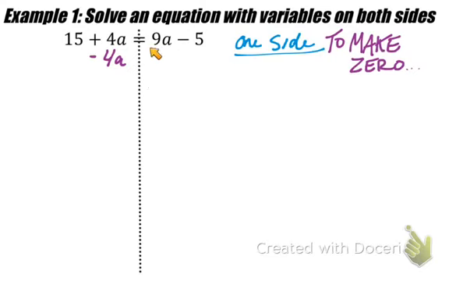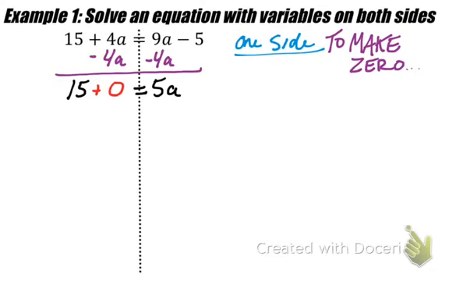And I'm going to line it up with the like term, the term with the a in it. So I'm going to simplify. I have 15 plus 0 equals, and then 9a minus 4a gives us 5a, and then write down minus 5. So the right side is the only side of the equation with the a now. It's not occurring on both sides, and that's key.